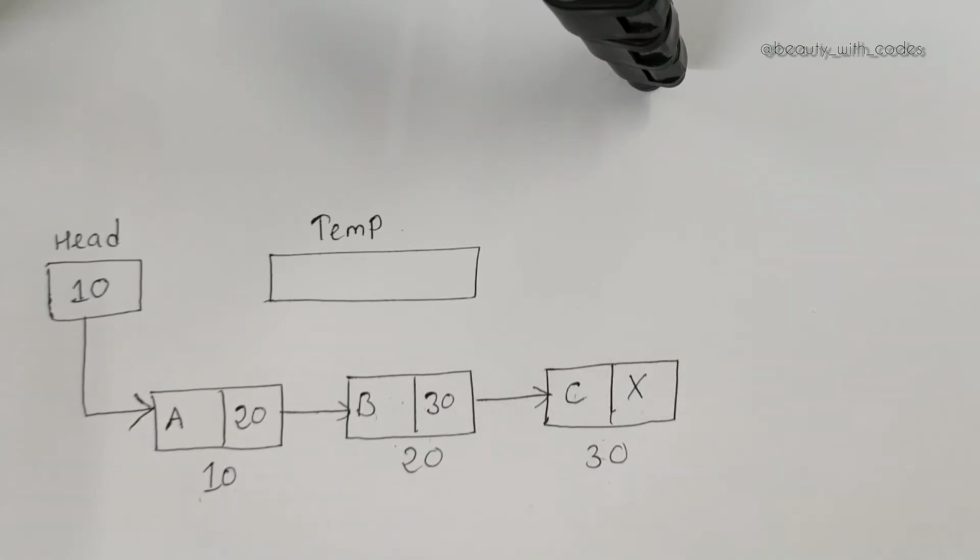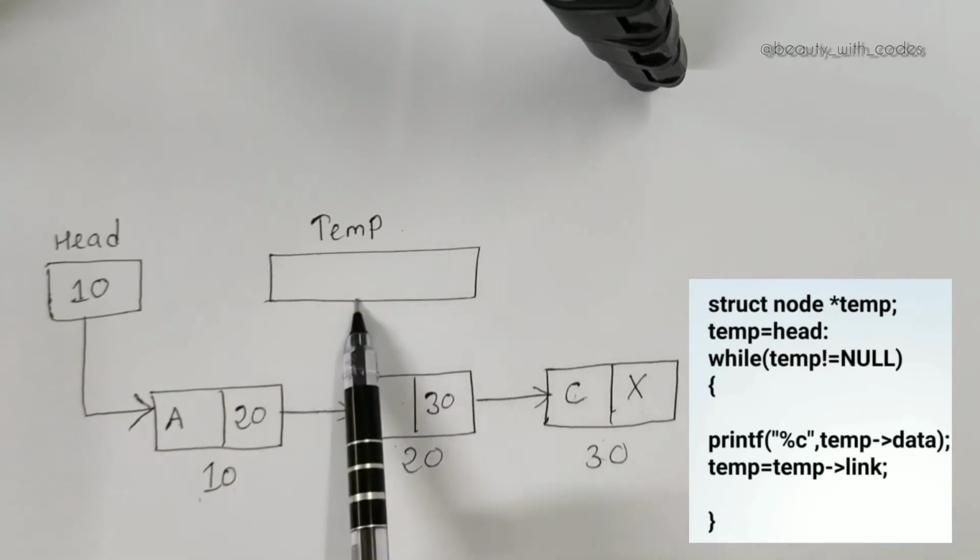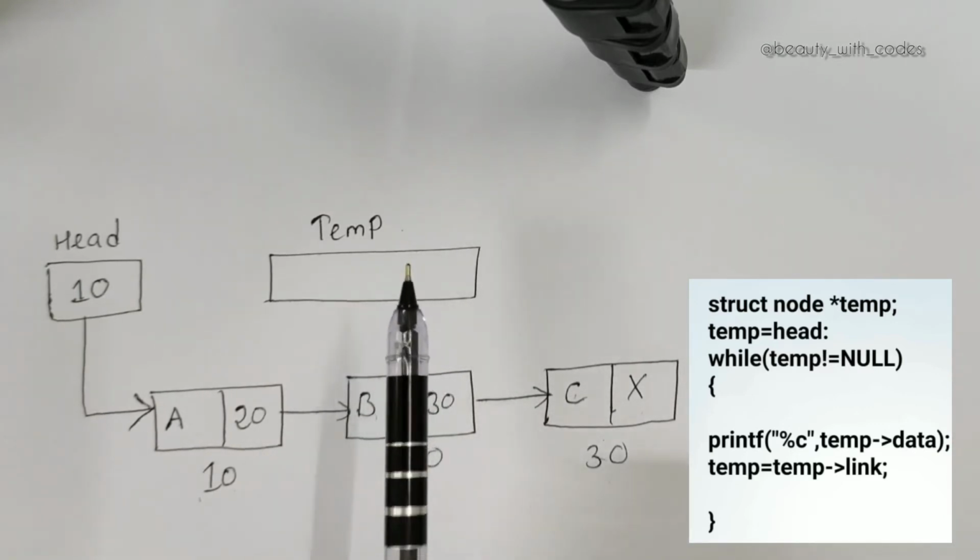For that we need one more pointer. We already know a pointer points to a variable of the same data type. The data type of these nodes is node, isn't it? So the data type of temp is also going to be node.